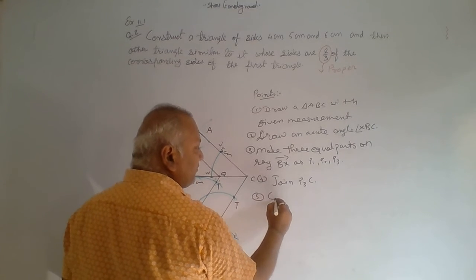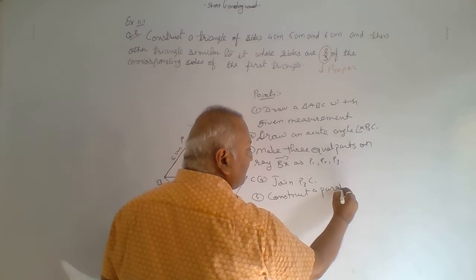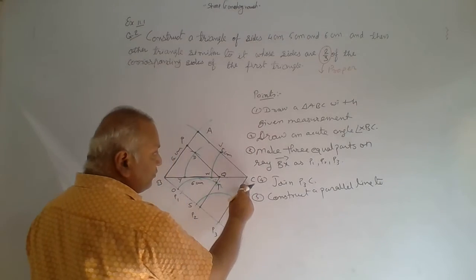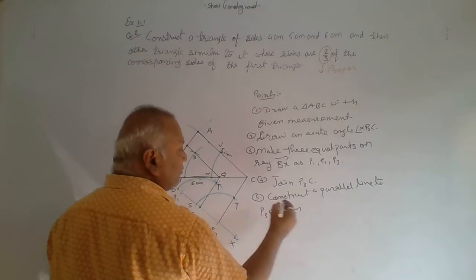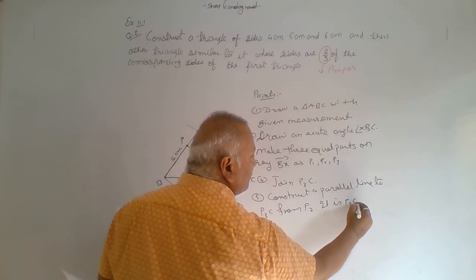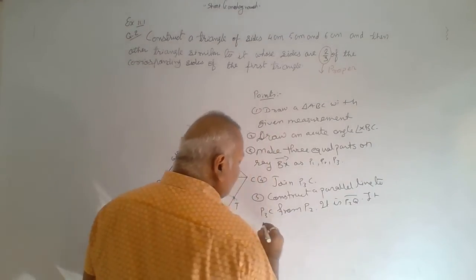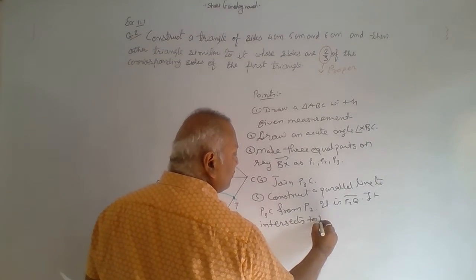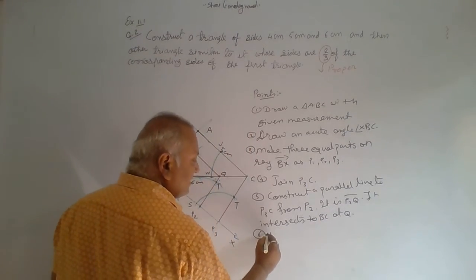Then number 5. Construct a parallel line to P3C from P2. It is P2Q. It intersects BC at Q. Number 6.